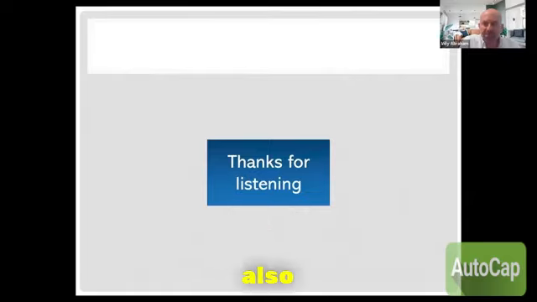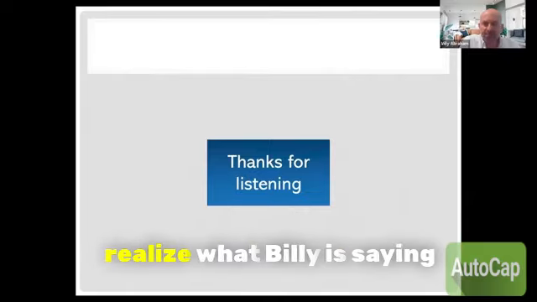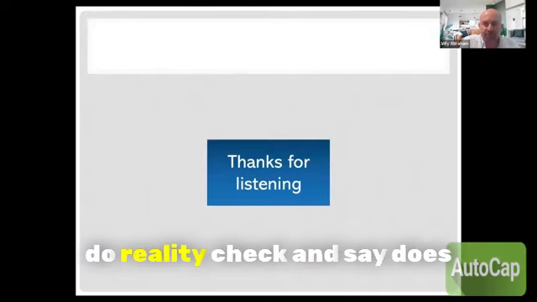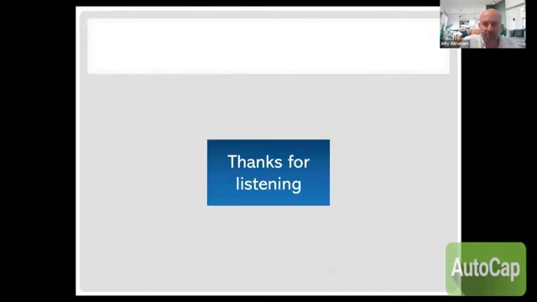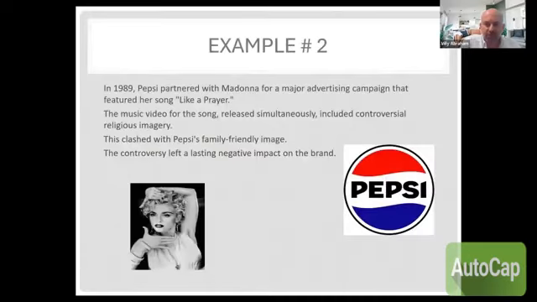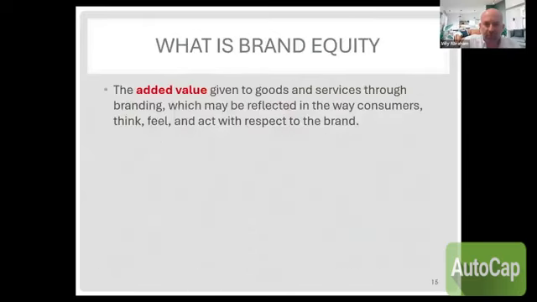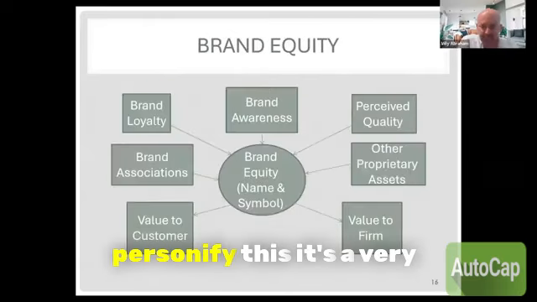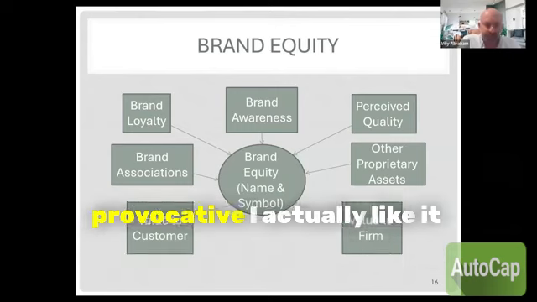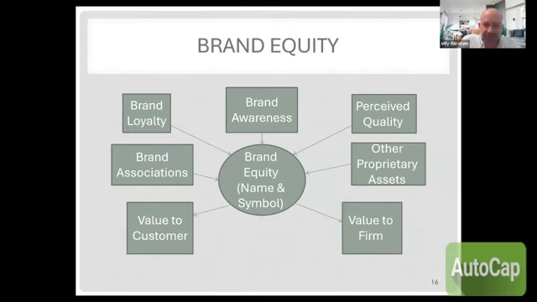But you have to also realize what Billy is saying, that you have to do a reality check and say, does my product or service conform to these attributes? Do I really connect? Do I personify this? It's very provocative. I actually like it. So if you want to go another 10 or so, it's fine with me.